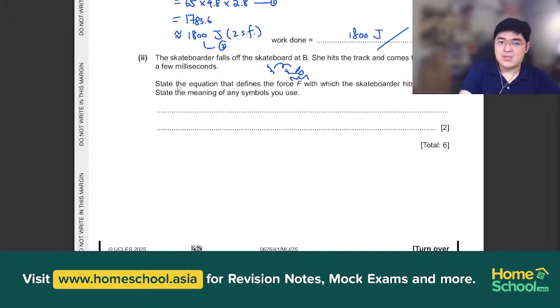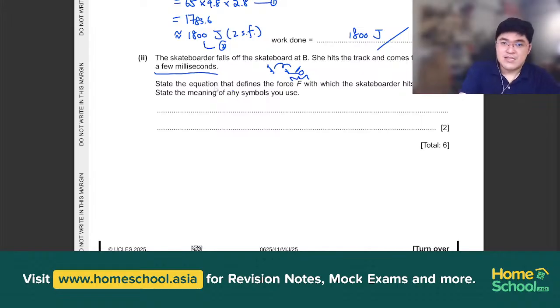So we have to state the equation that defines the force F with which the skateboarder hits the track and state the meaning of any symbols we use. So over here, we are given that the skateboarder falls off the skateboard at B and she hits the track and comes to rest after a few milliseconds. This is the clue we have over here.